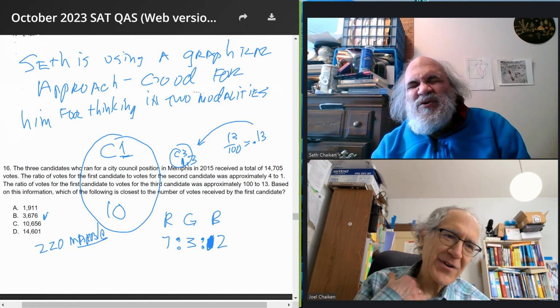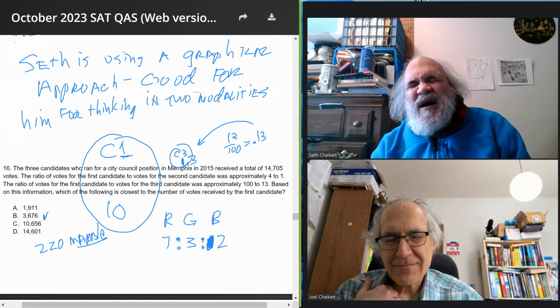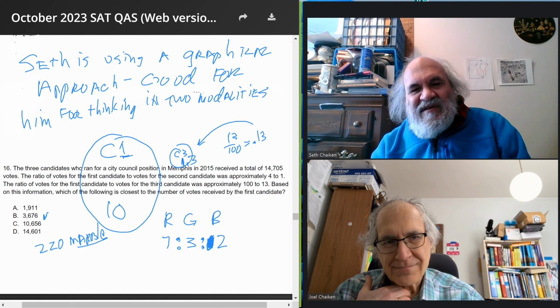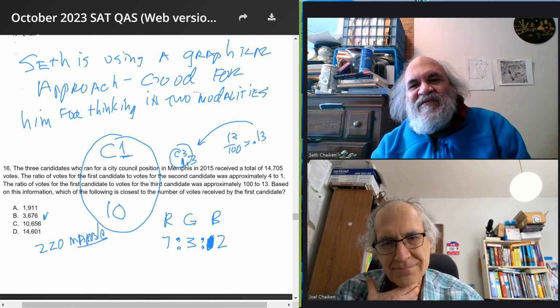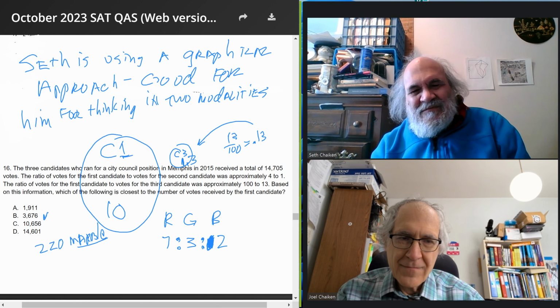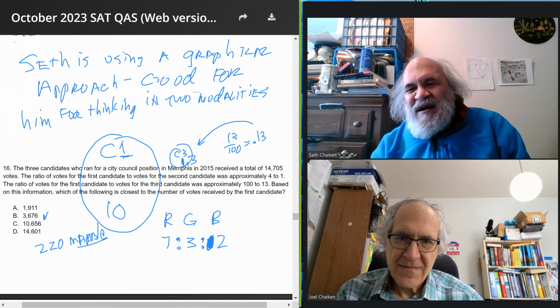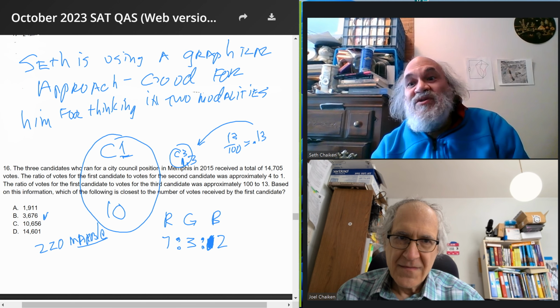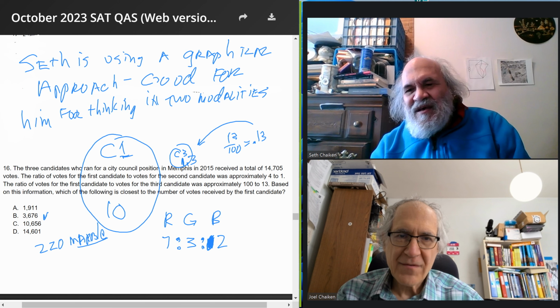Okay, now the way I would do it is set up one variable. I would call it T. T is some number, not necessarily an integer.